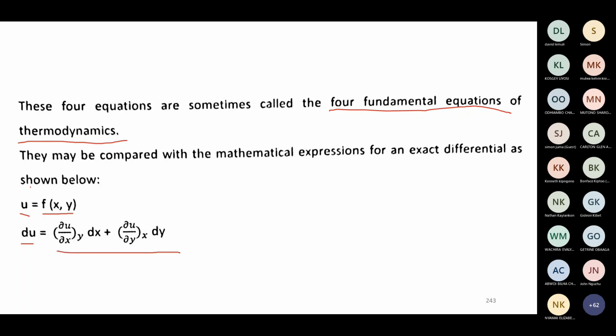If u is a function of x and y, differentiating this, you get du equals (du/dx) at constant y dx plus (du/dy) at constant x dy. This is how you would write the differential for this particular function.